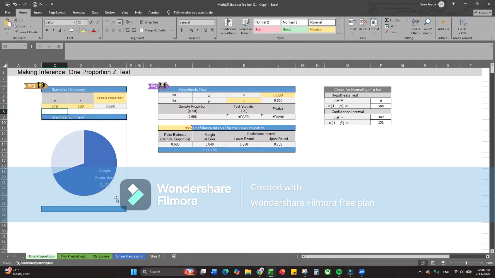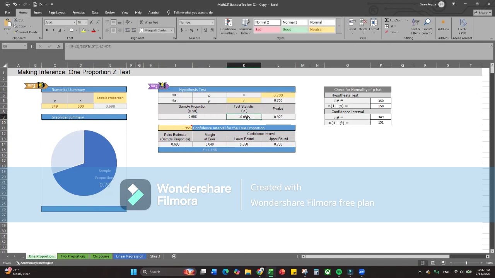For starters, we will put in the x and n values, x being the number of single sitters and n being the total number of tables counted. From there, all we need to do next is to plug in our hypothesis test values. We put in 0.7 as our backing of this claim, and that is why we're testing it with a two-tailed test.